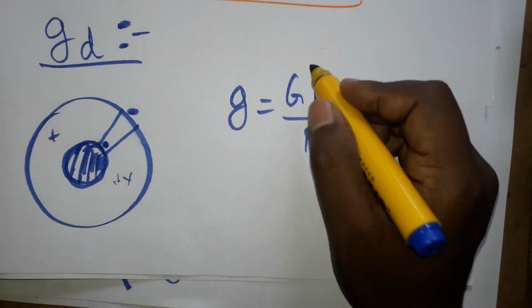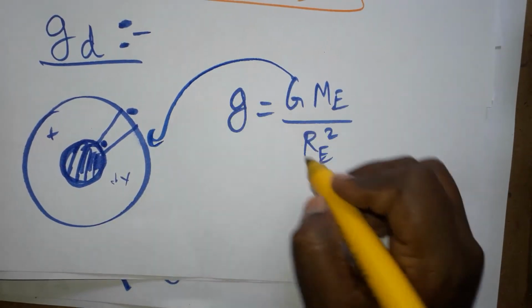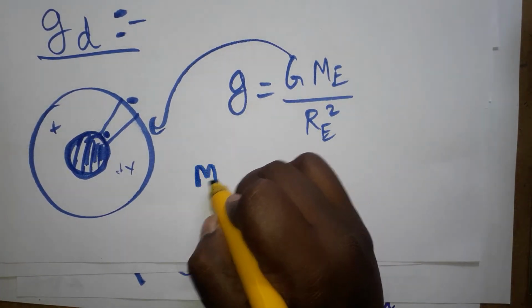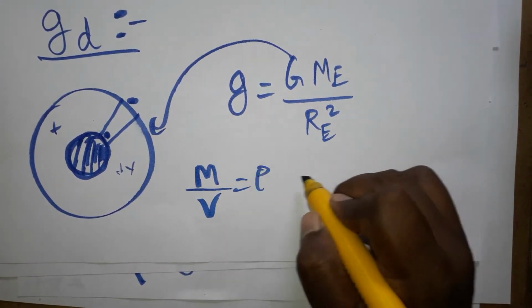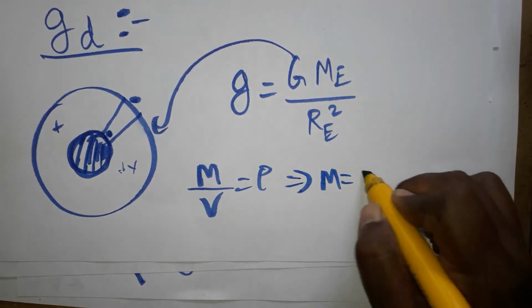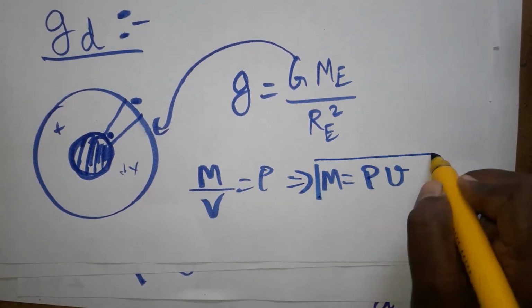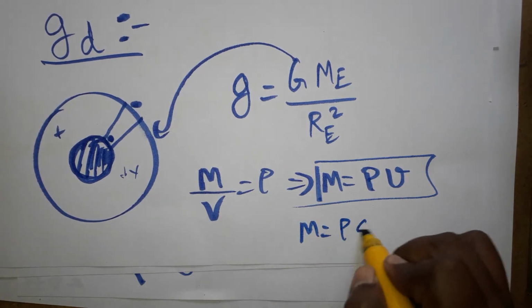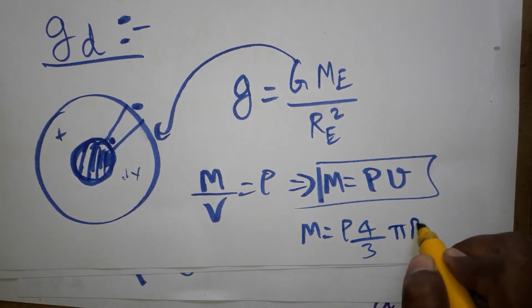In this equation I am going to relate with volume and density, then only can we proceed. Mass divided by volume is equal to density, so mass is equal to density times volume. It is a sphere, so volume is 4 by 3 pi r cube.